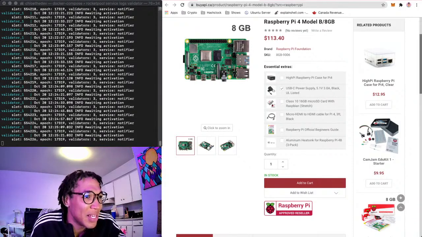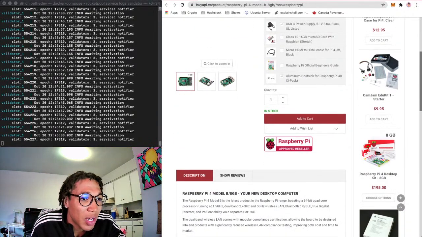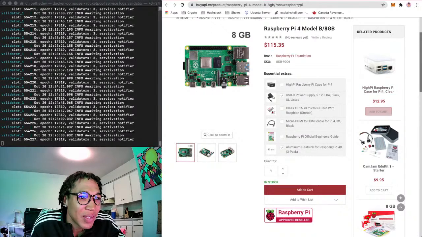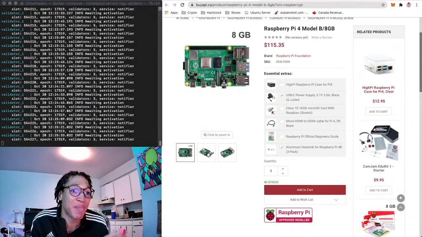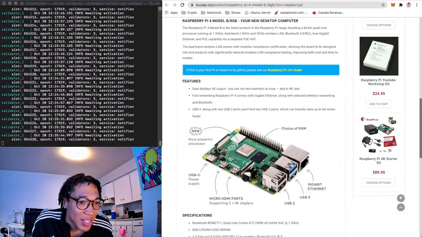You probably want to buy the heat sink. It's like $2. You don't need a guide. It's online. We don't need any of that stuff. I mean, the case might be cute. I'm getting these for kids.